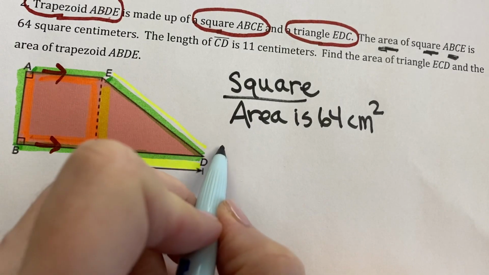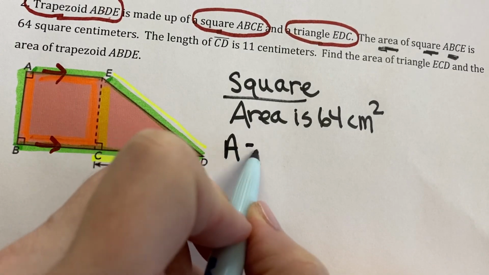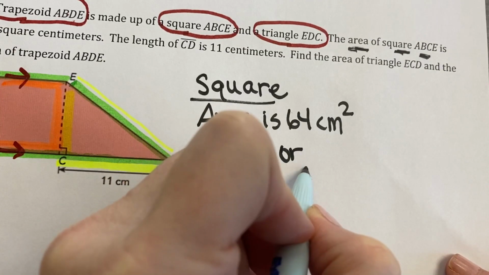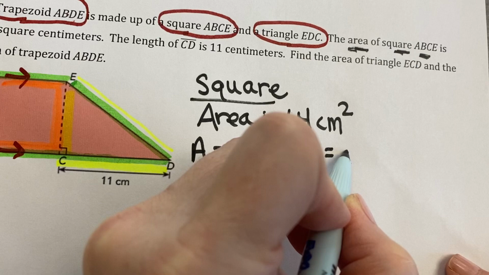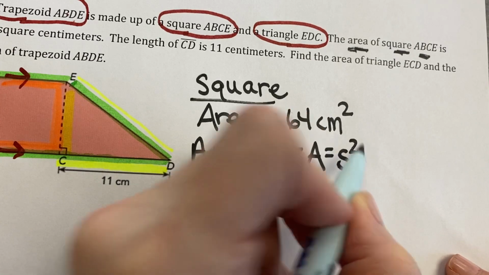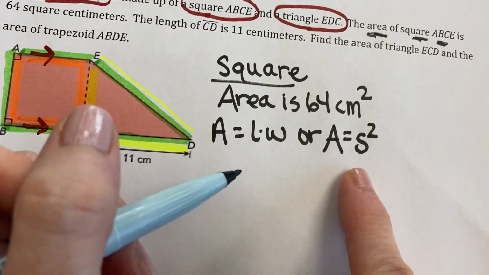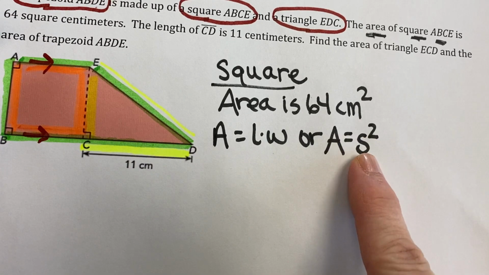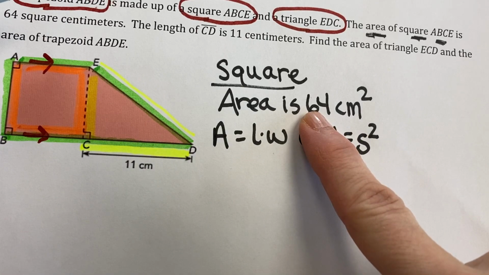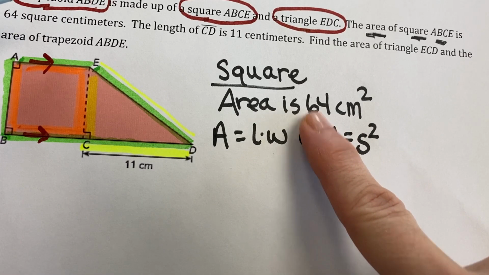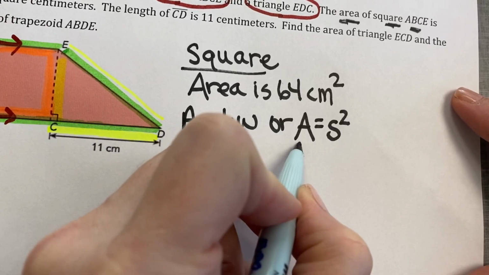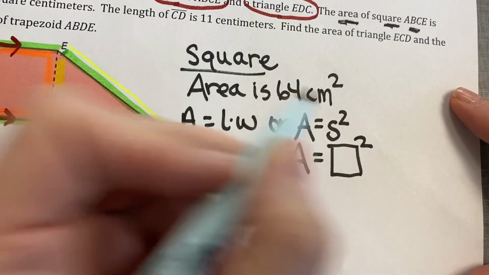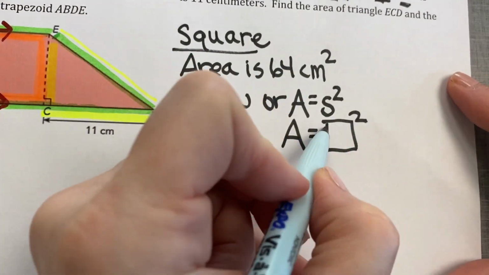So we know that the area of a square can be either written as the length times the width, or if you look at your formula sheet, the area of a square is one side length raised to the second power. So we have to think, what number raised to the second power would give us 64? Can you think of it? I hope you're thinking 8.